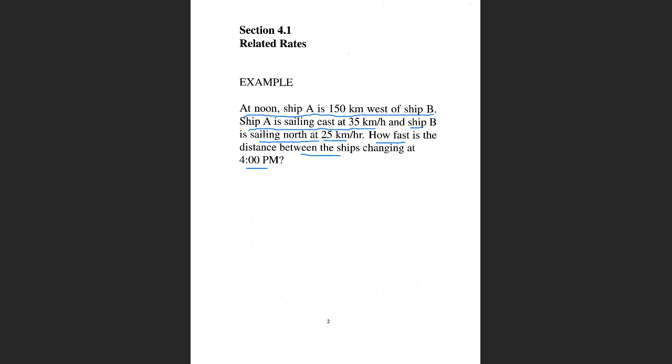Some of the problems, like the one we did last Wednesday from section 4.1, involved the volume of a sphere. Let me double check that. I believe that's right, inflating a spherical balloon.